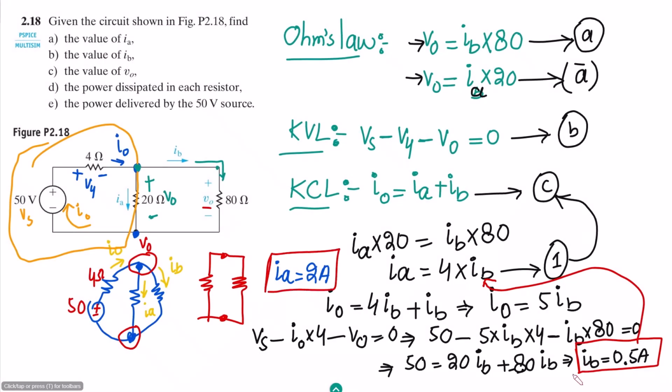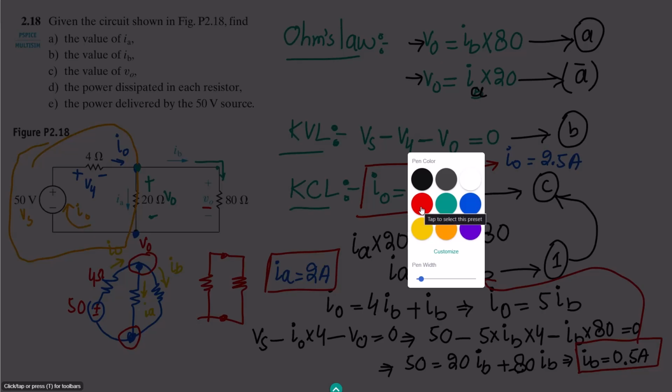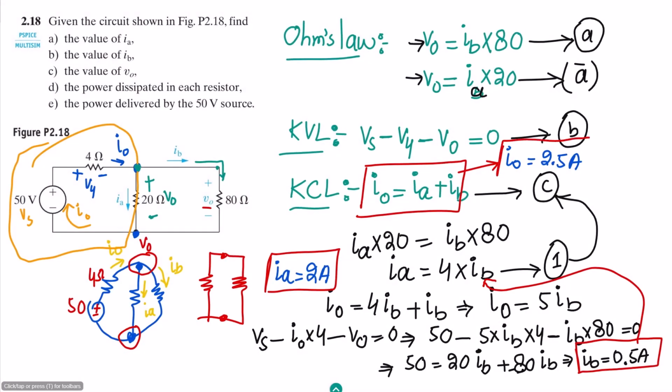We can take IA and IB and put them here. From this equation the value of I naught, or the generated current, which is the total current, will be equal to 2 plus 0.5, which is 2.5 amperes, and that is the value of I naught.